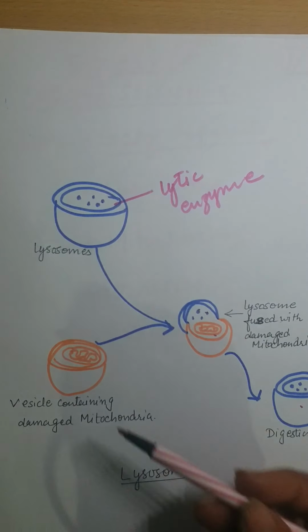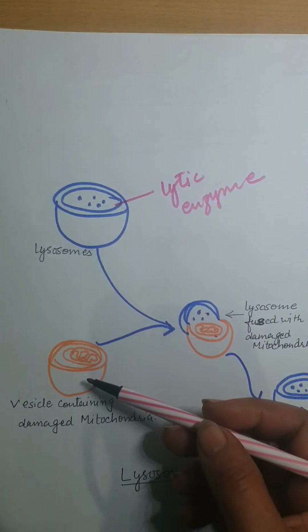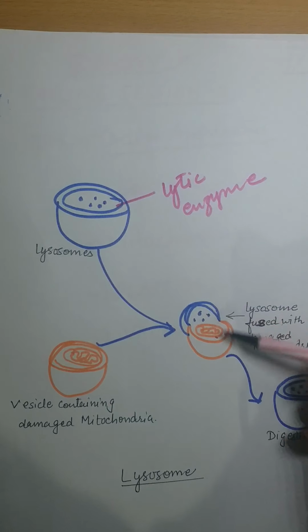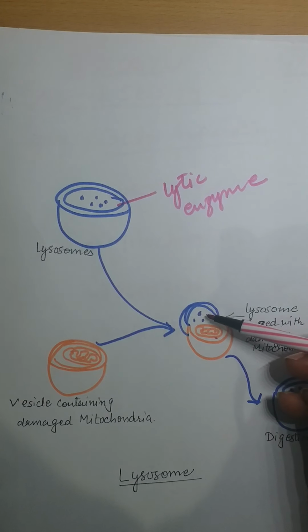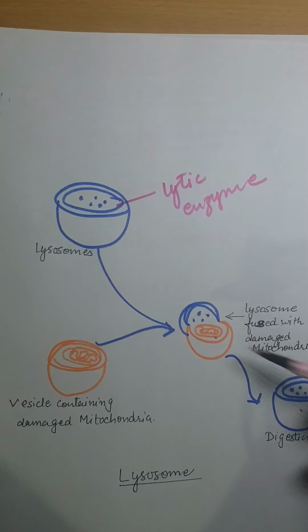Whenever any worn out or dead cell organelle comes in contact with lysosomes, the lysosome fuses with it, and its lytic enzyme digests this worn out or dead cell organelle, and finally digestion is over.